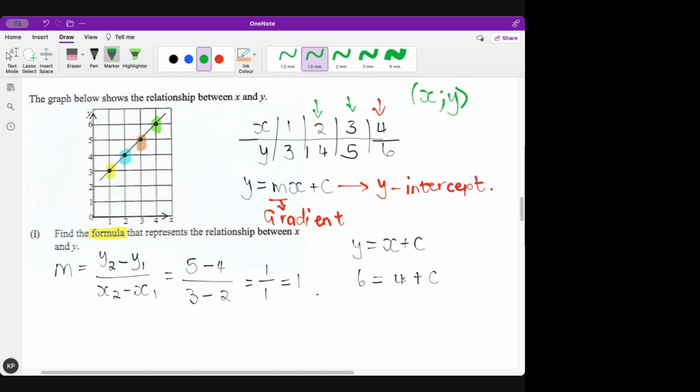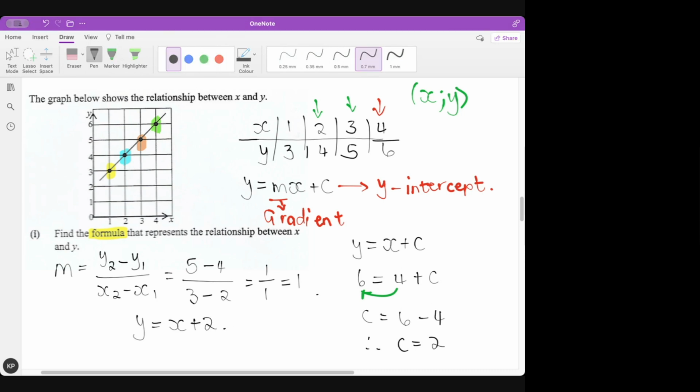To get c on its own, I'm going to move 4 over to the other side, which gives me 6 minus 4. Therefore, c is equal to 2. So my formula will then be y is equal to x plus 2. Nice, guys. Thumbs up, thumbs down on that lovely one.